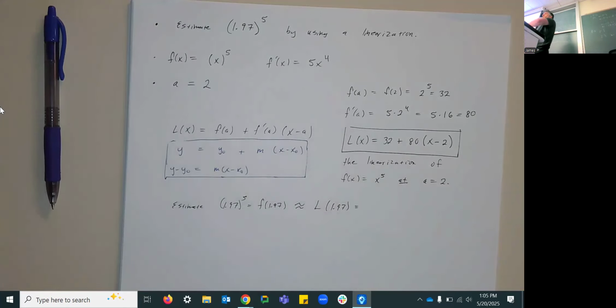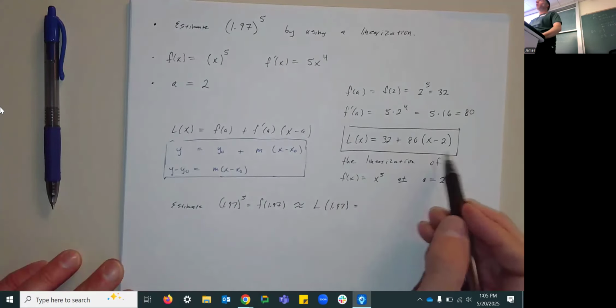So you might be tempted to simplify that line, right? You could totally multiply the 80 through and write it as 80 times x plus 32 minus 160 and combine that down to something. You shouldn't do that. It is almost never in your interest to simplify this down to be nicer, because the point is that when you plug in the number that we're actually trying to estimate the value of the function at, this part here becomes really small typically.